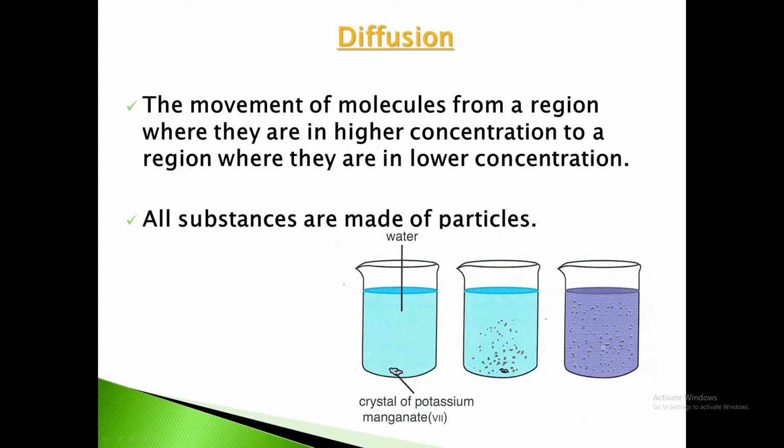So we have some terms there that we ought to know, what we mean by concentration, higher concentration, and lower concentration. Now, in terms of phrasing the definition this way, we could have also rephrased it by saying that it is a movement of molecules from a region where you have a lot to a region where you have a few or small amount.